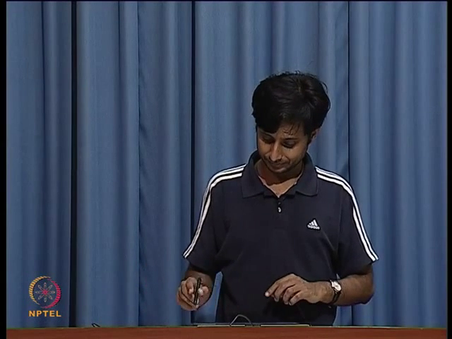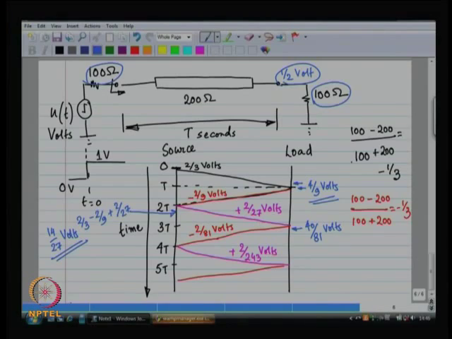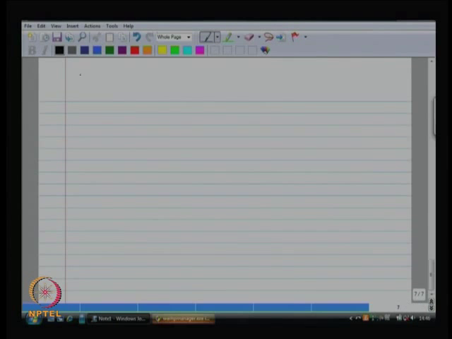In addition to this, what we have ignored over here is the fact that transmission media are usually lossy. Okay, that is something we have not incorporated in our calculations.